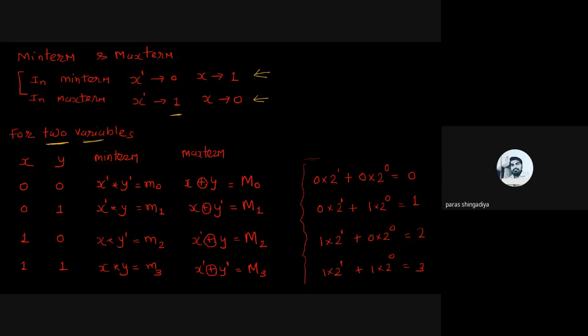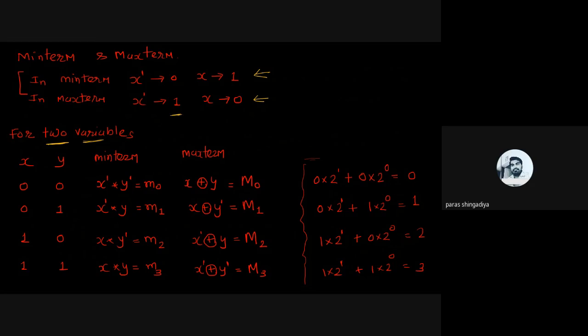So both are 0. How can we create a minterm expression for that? As we know, x dash is considered as 0 and x is equal to 1. Means the complement element will be 0 and the normal element will be considered as 1.